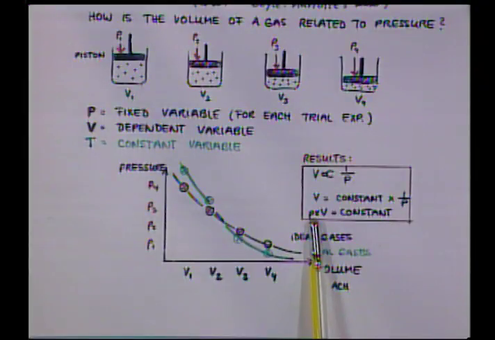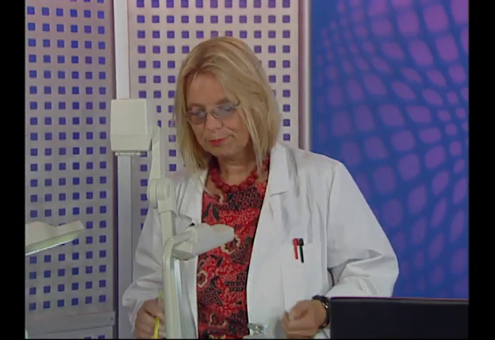Or you could put P on the other side of the equation, multiply both sides by P, and then you get the product, P times V, or the product of pressure and volume, is equal to a constant. Now this is just a constant repeatable value actually.